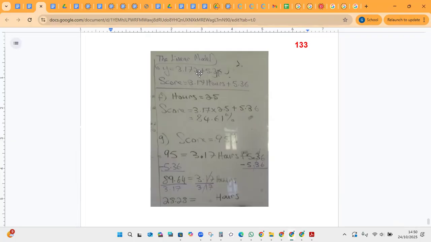Y means score and x means hours. So if you want to know what score you can achieve, it will be 3.17 times the number of hours you study plus 5.36. As we said, now we can use the model to predict and to forecast. That's what we are going to do now.